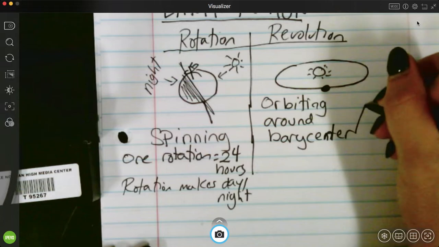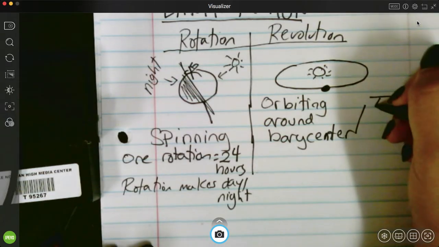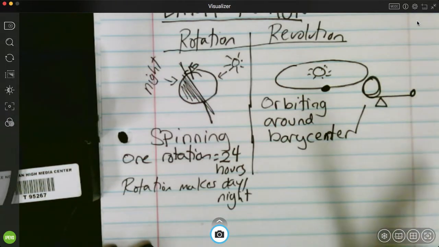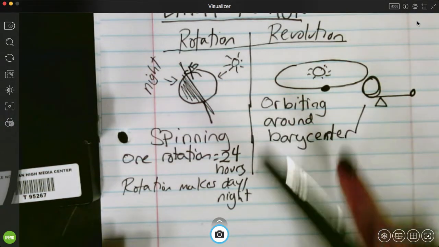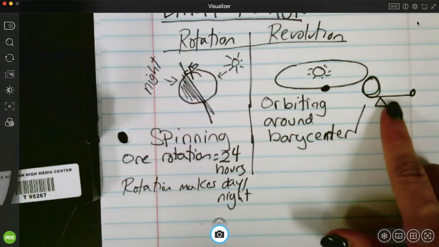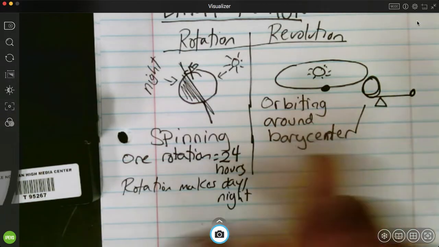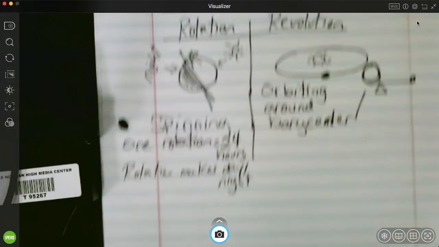Remember, a barycenter is like a seesaw. It's just the point in between two masses. Because the sun's so big, the sun is like a really, really big kid on a seesaw, you have to put them really close to the barycenter in order to keep everything balanced. So those are our two main motions.